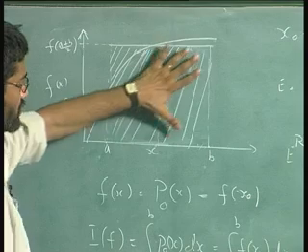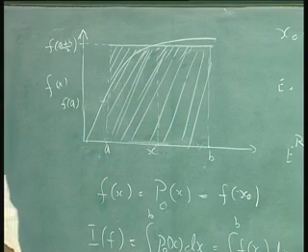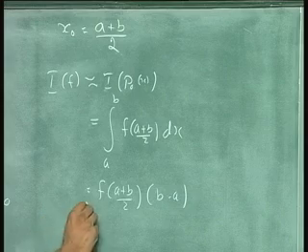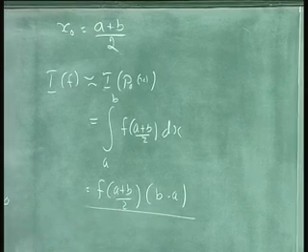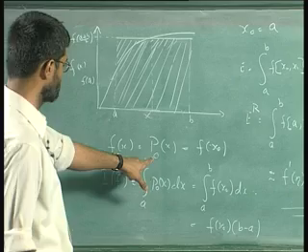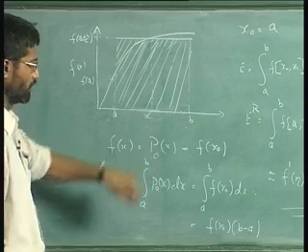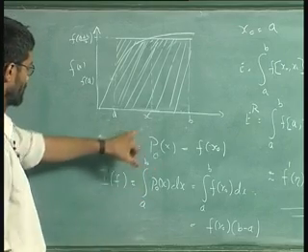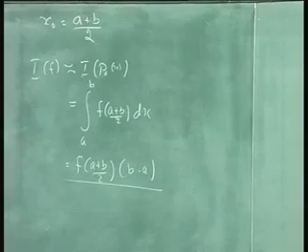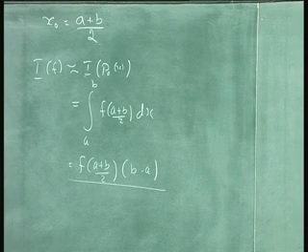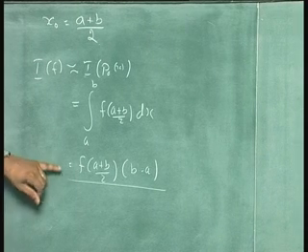That will be the area under this shaded curve here. So that's my next approximation to this function, and that's my polynomial. It's the same polynomial of degree 0, but I choose x0 to be a plus b by 2, and then I have a different approximation to the integral.